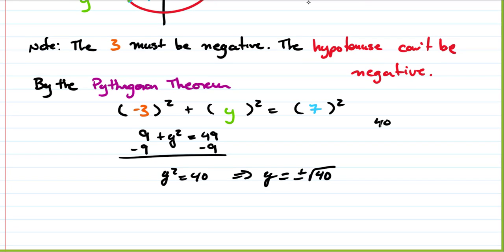And it's worth noting 40 is equal to 4 times 10. So the square root of 40 is the same as 2 times the square root of 10. So plus or minus 2 square roots of 10.